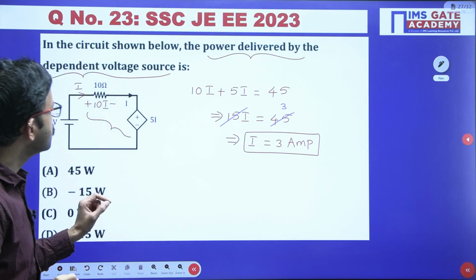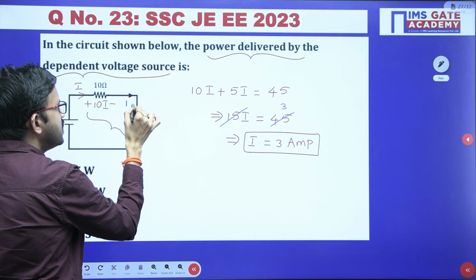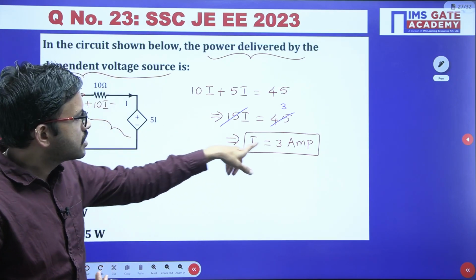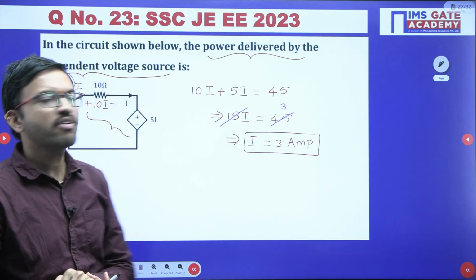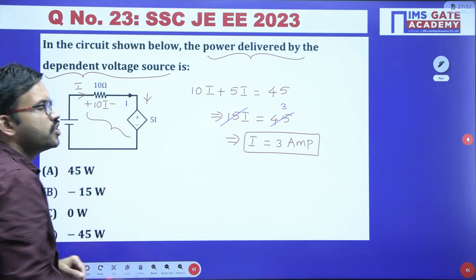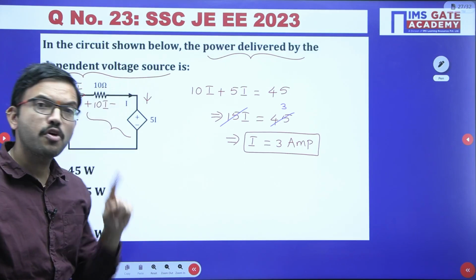Now the moment you got the I value of 3 ampere, since you got the positive value, the direction of the current is the same as in the given circuit. So current is flowing in this voltage source like this. Current is entering at the positive terminal.